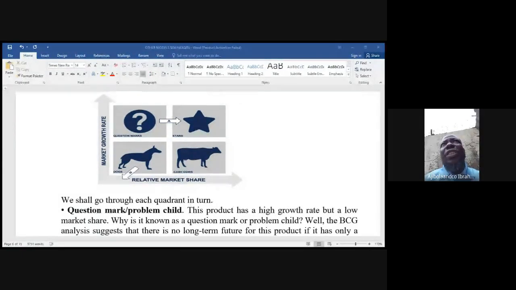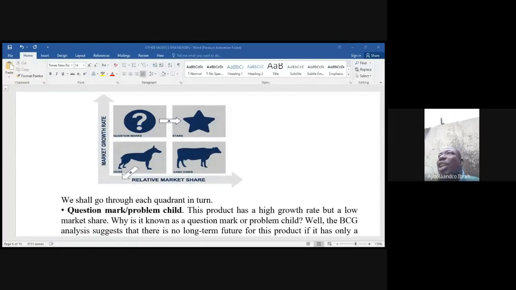Now, if you check below, as I mentioned, you can use this to check. Whenever you have high, the circle should be bigger. So for a star, you're supposed to have two big circles, meaning the circle for growth rate is big, that is high, and the circle for market share is also high.